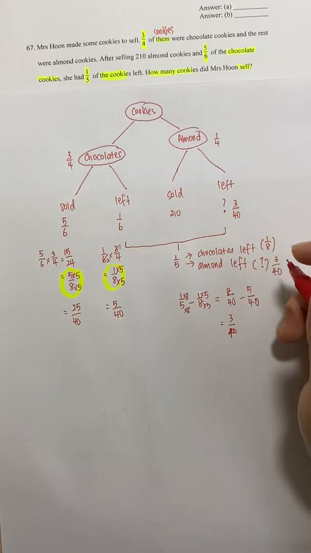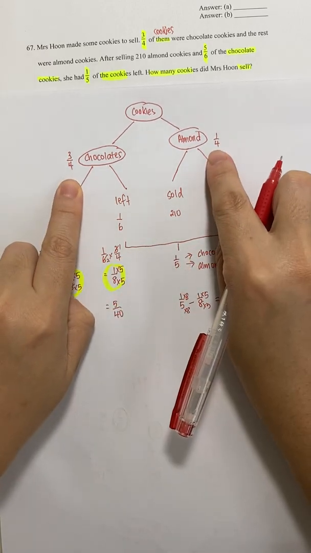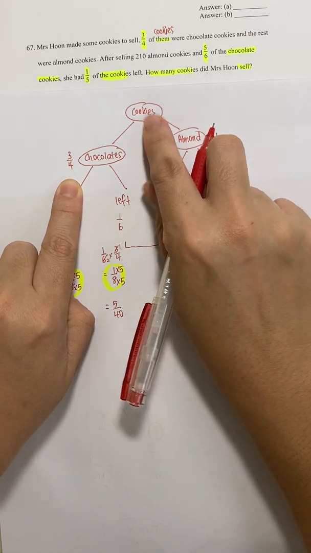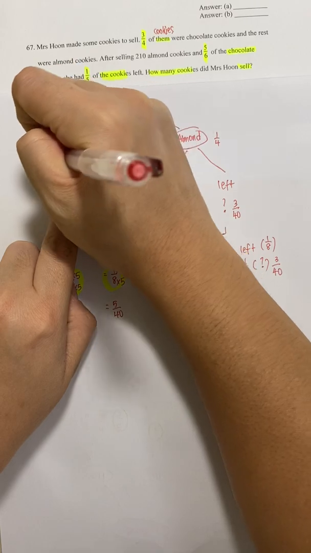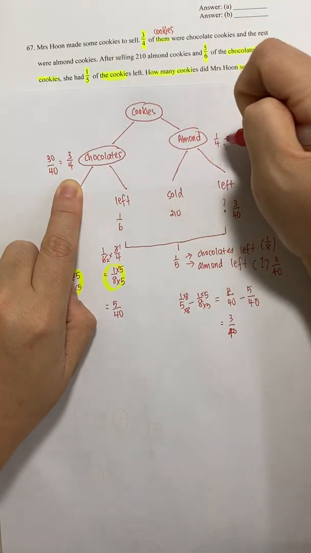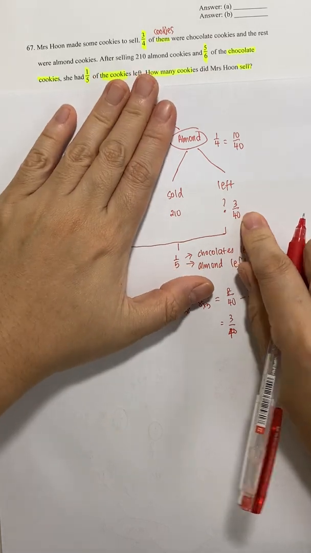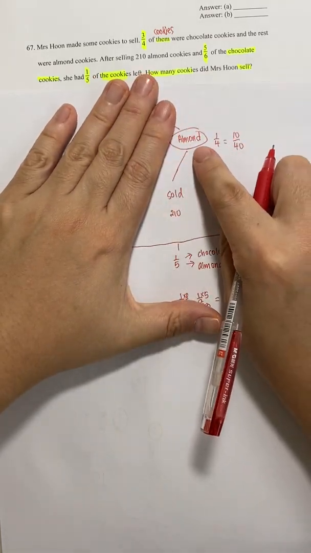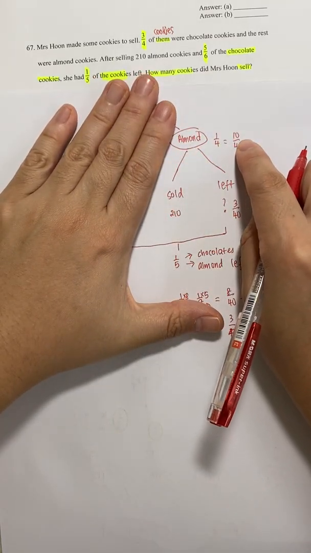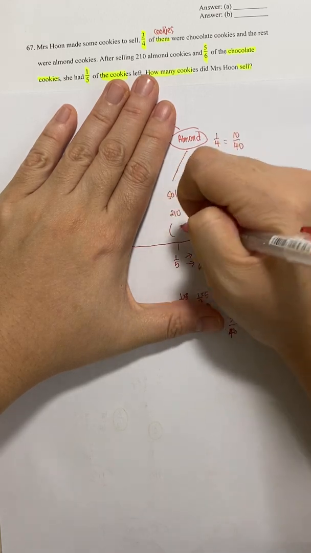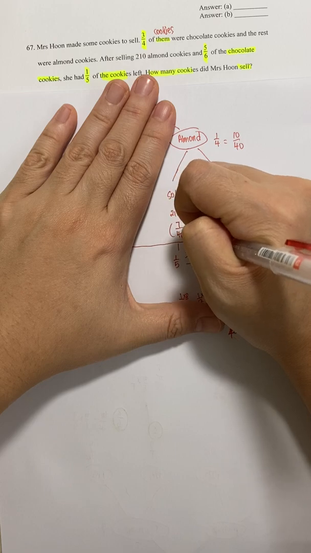I can also change all this into 40, because the total number of units will be 40. So this will be 30 out of 40, and this will be 10 out of 40. Now let's focus on this part. For my almond, there are only 10 units, 10 out of 40. I have 3 units here, so this would tell me that this will be 7 out of 40.